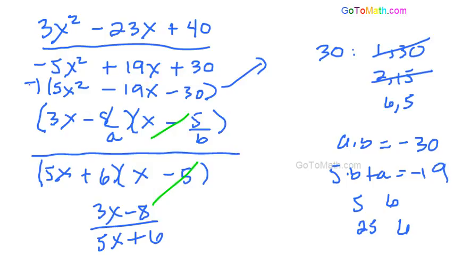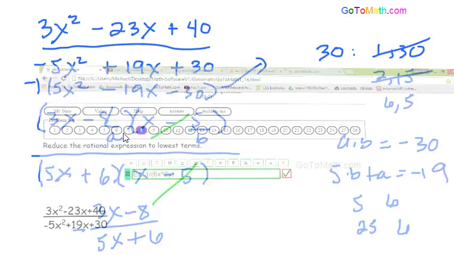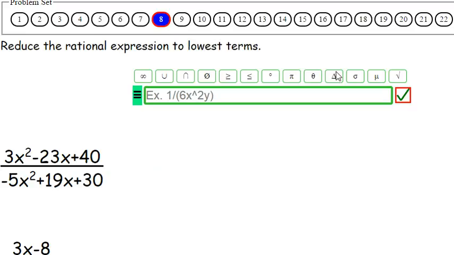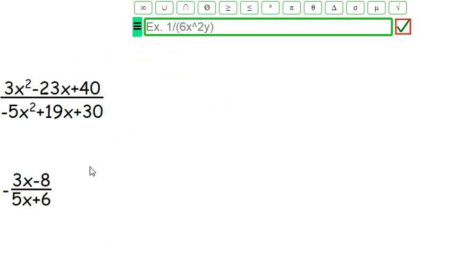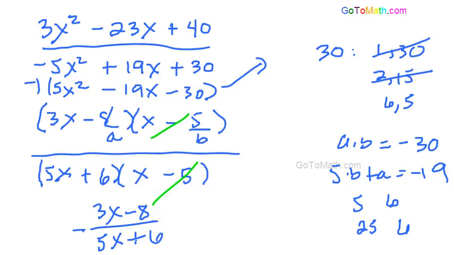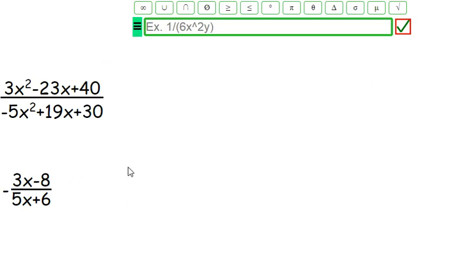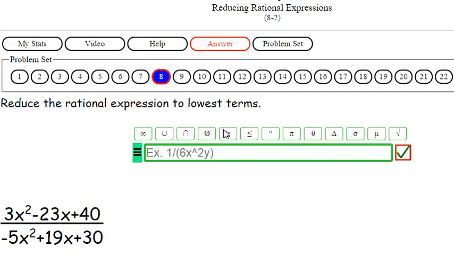We factored out the negative, so we're going to pull that out and put it over here to the side. Forgot about that. 3x minus 8 over 5x plus 6. Yep, I do this stuff on the fly. Nothing's worked out in advance. Alright, so see you later in the next problem.